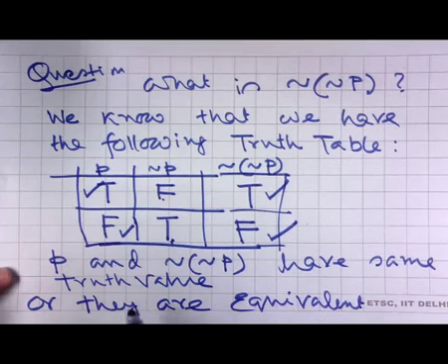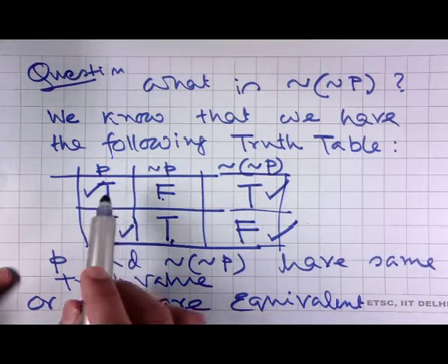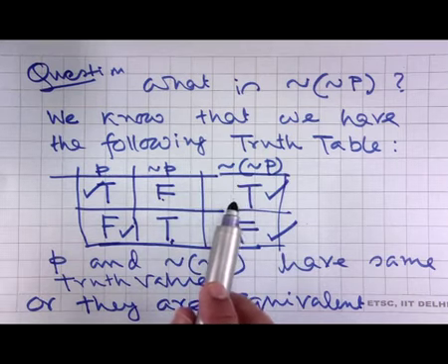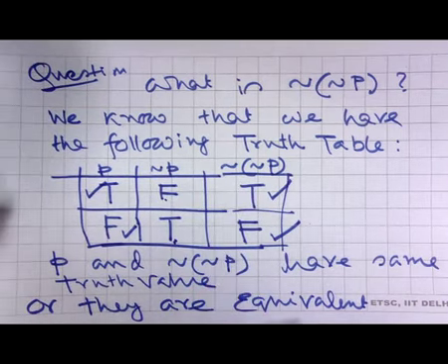That means, whatever truth value P will have, the same truth value you will have with negation of negation of P. We shall talk about more of equivalent relations later.